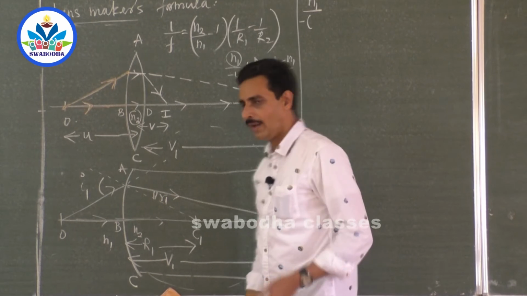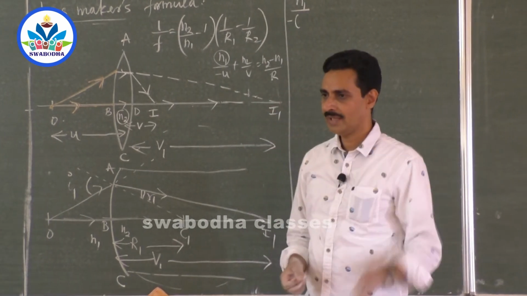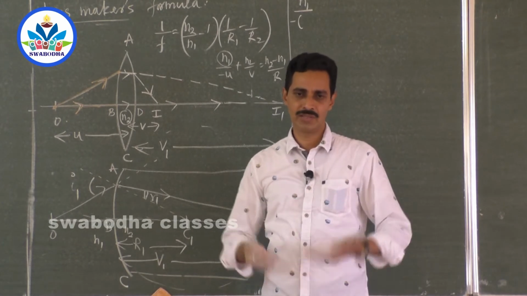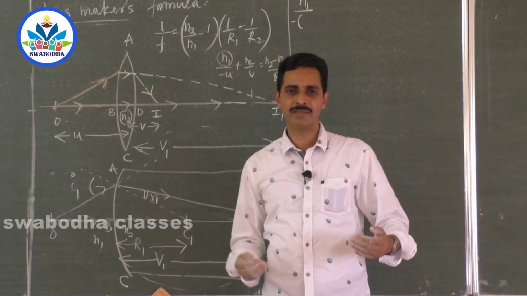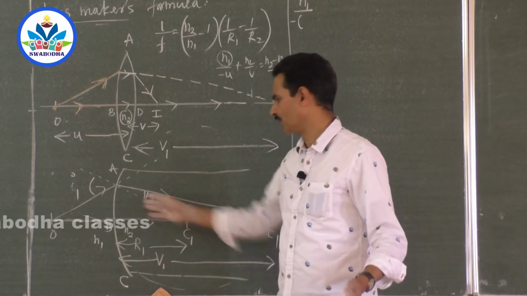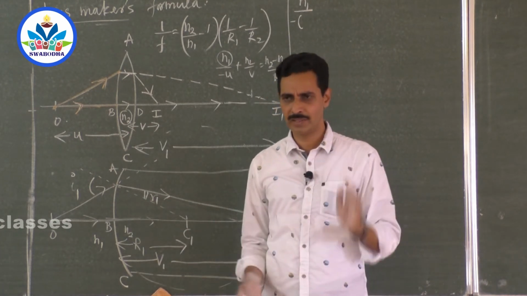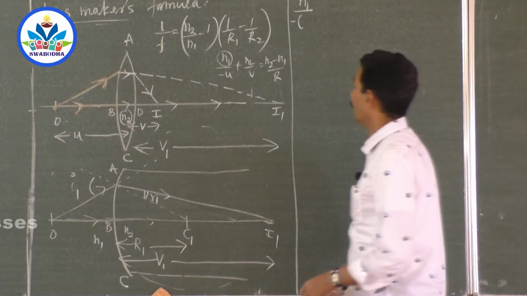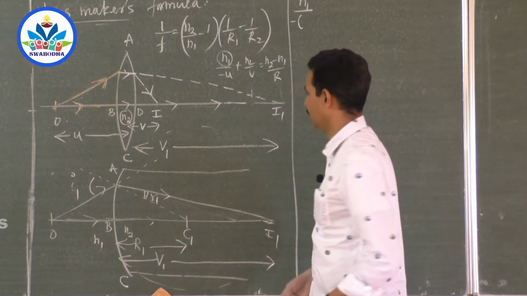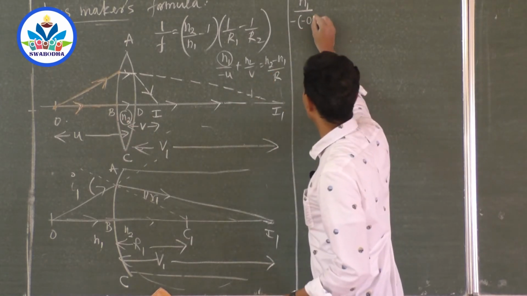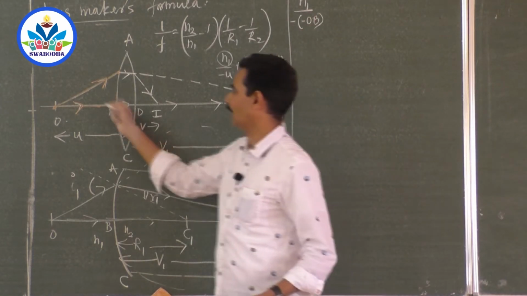So I will use these sign conventions again and again, and you know that once you derive the equation using sign conventions, then the formula is ready for any type of surface, whether it is convex lens or concave lens. For any lens you should be ready. So let us use the sign conventions again and again here. So minus OB. Why, sir? Because it is on the left hand side.